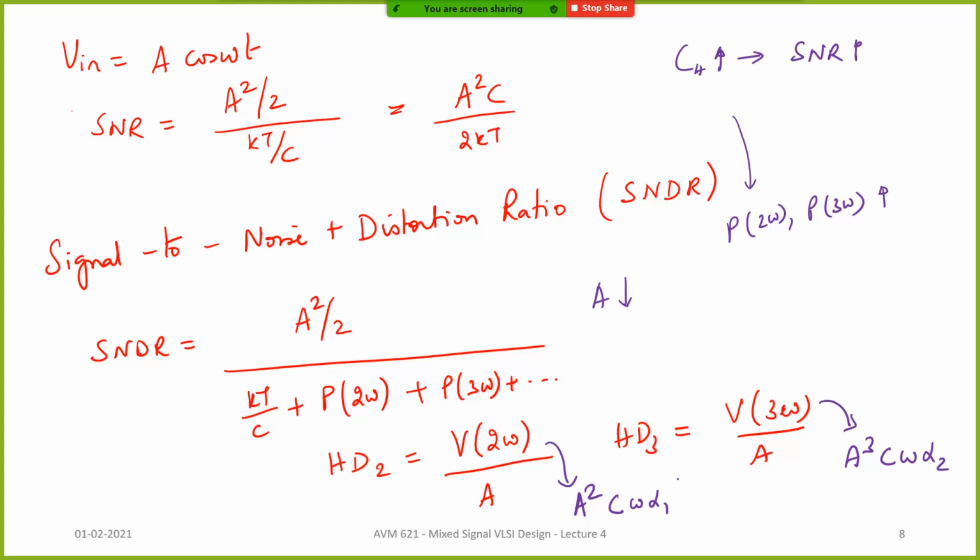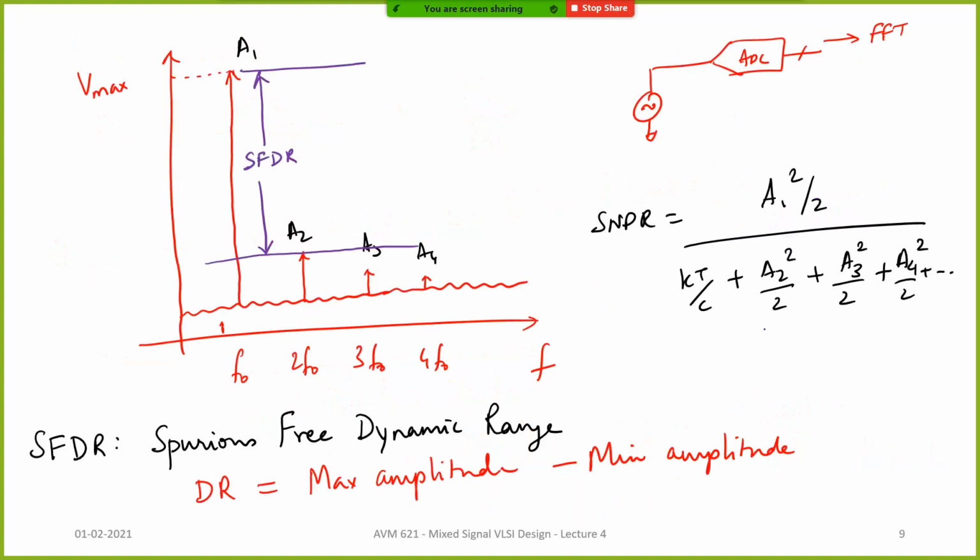This is important for us to understand about your distortion tone. That is why this figure that you would see in any of the product data sheets, or for that matter even research papers, they will put for the maximum amplitude.